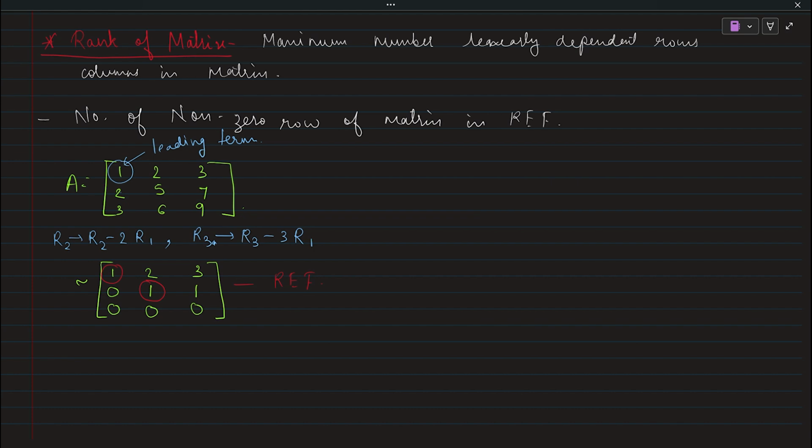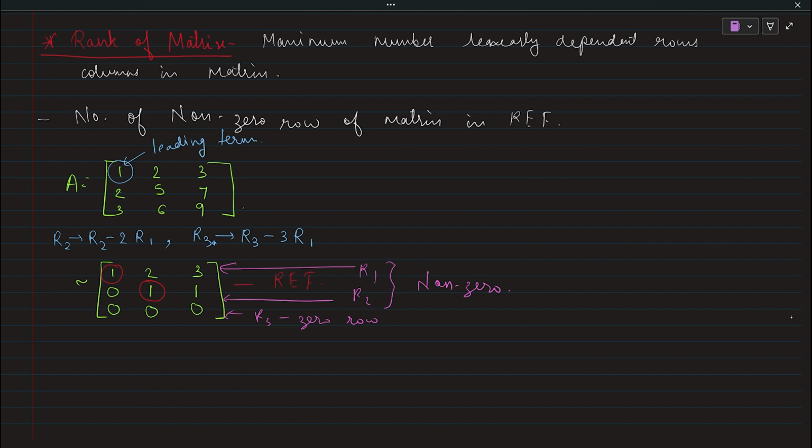So according to the definition, the number of non-zero rows in a row echelon form is the rank of a matrix. Here R1 and R2 are non-zero rows and this row R3 is a zero row.